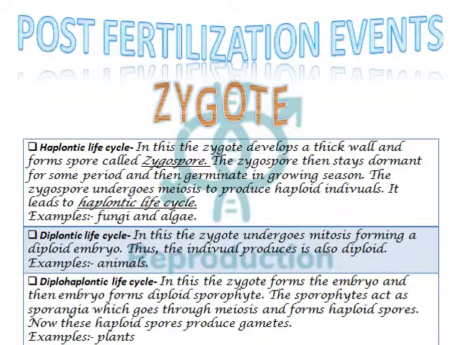Now this sporophyte will act as sporangia. I already told you the structures which make spores are known as sporangia. So sporophytes will act as sporangia, go through meiosis and produce haploid spores. These spores will again form gametes. Gametes will again form a zygote, and like this the cycle will go on.